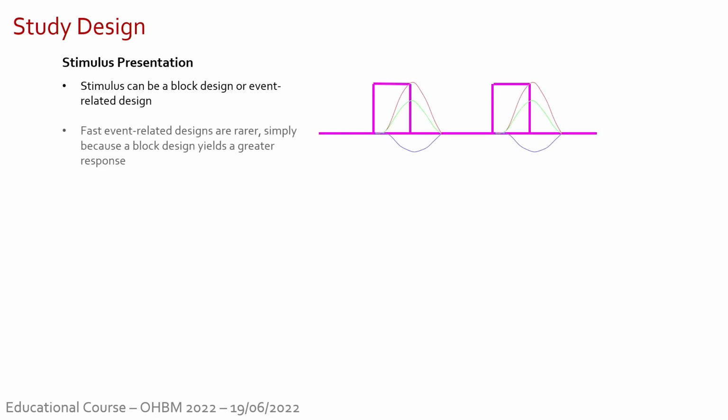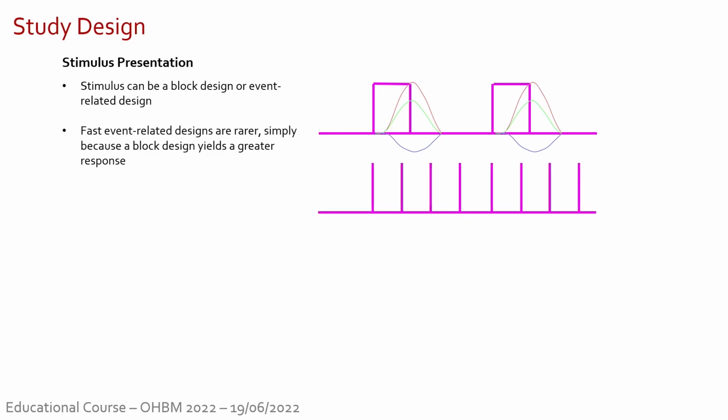You have to think about stimulus presentation. As you all know, again from fMRI, stimuli can be a block design or event-related. With fNIRS, especially with infants, fast event-related designs are very rare, because otherwise the HRFs will all overlap with each other, and it's very difficult to isolate where the HRF is coming from.